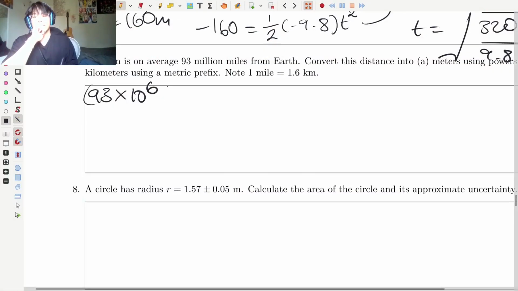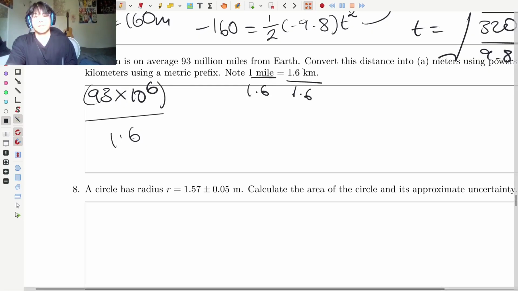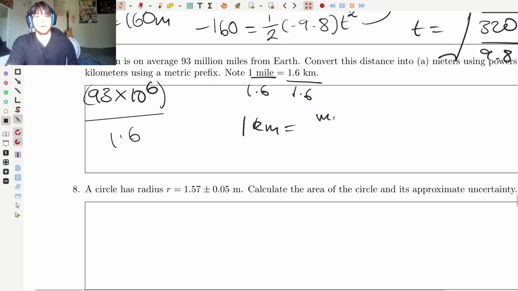We need to actually divide it by 1.6. So a mile equals 1.6 kilometers. If we divide both sides by 1.6, we get 1 kilometer is equal to miles divided by 1.6.